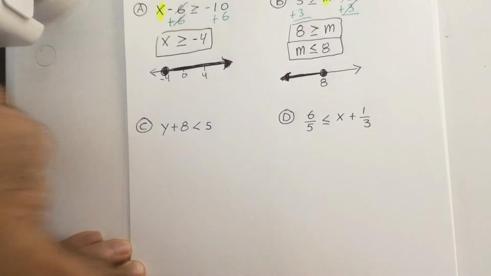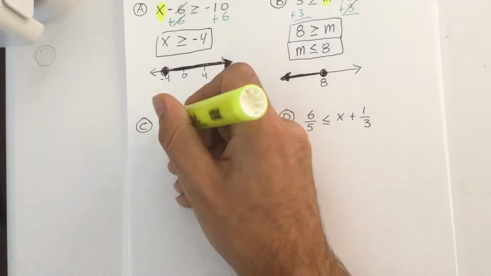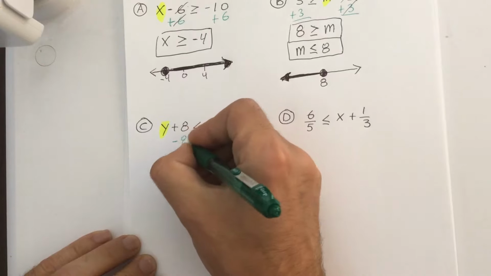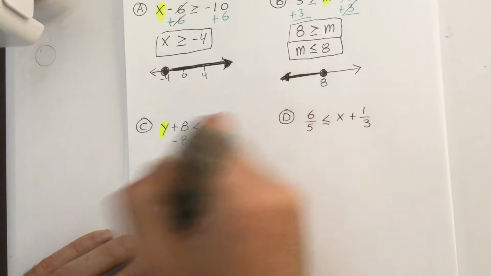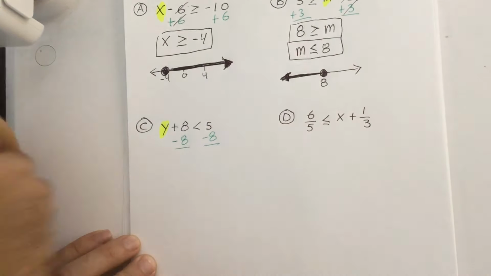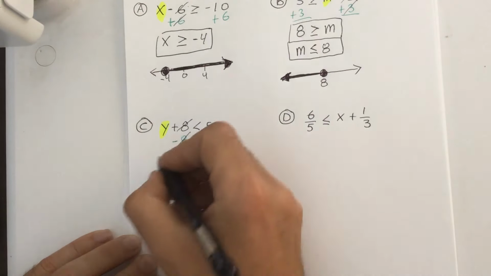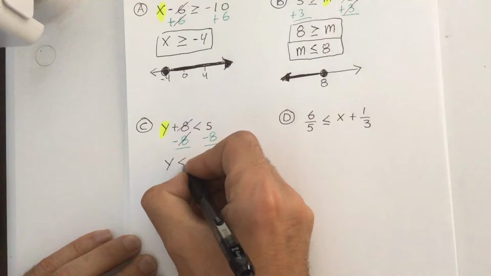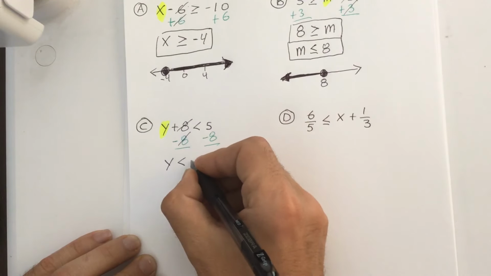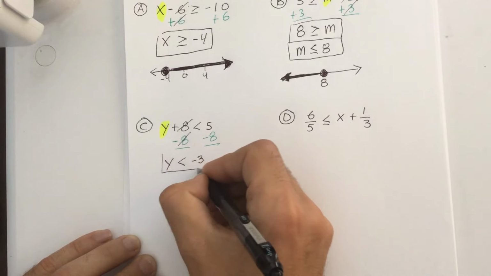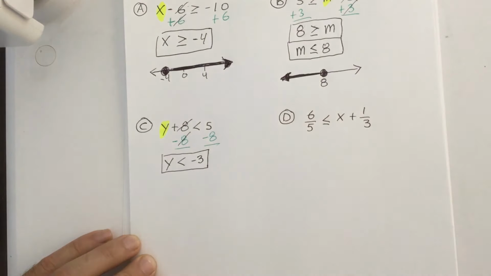To isolate the variable y, I need to subtract 8 from both sides of the inequality. If I do that, 8 and negative 8 cancel out. So we got y is less than 5 minus 8, that's going to be negative 3. So y is less than negative 3.